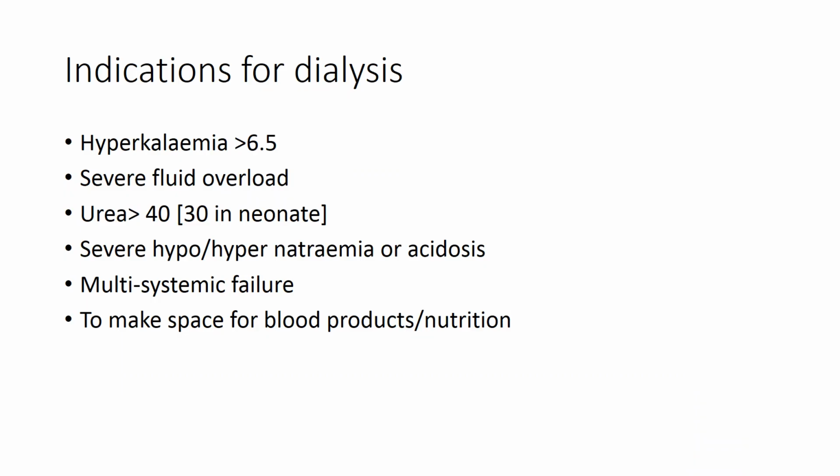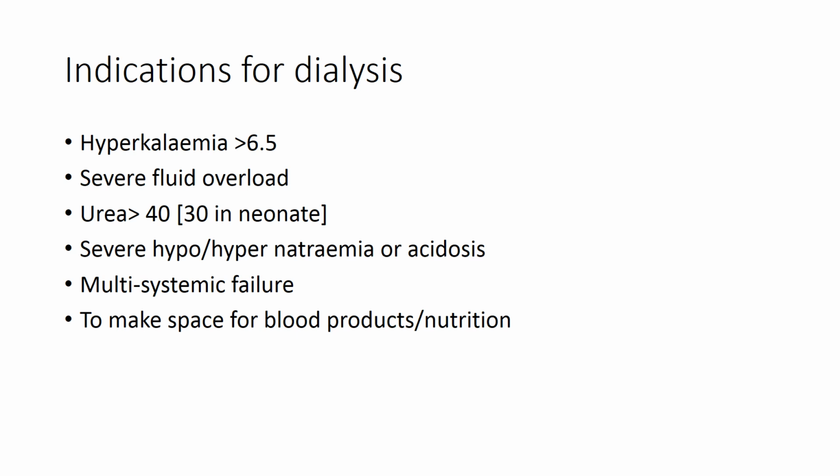So obviously, if any of those conditions for managing patients conservatively fail, we're going to need to institute dialysis. If your patient who is anuric has a potassium greater than 6.5, that's an indication for dialysis.